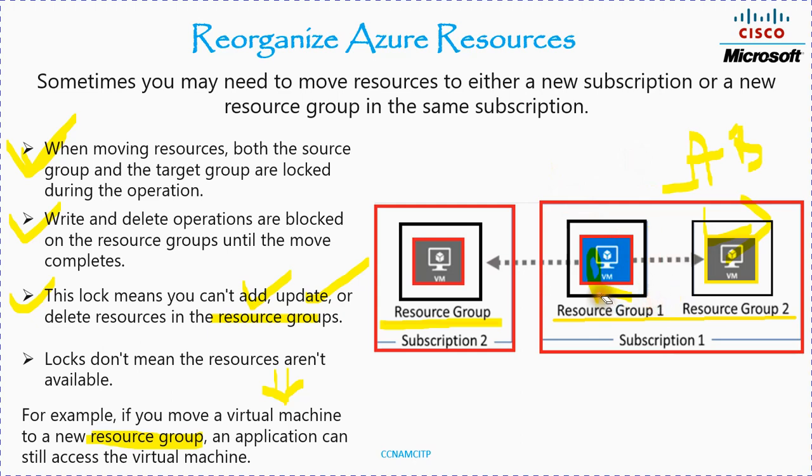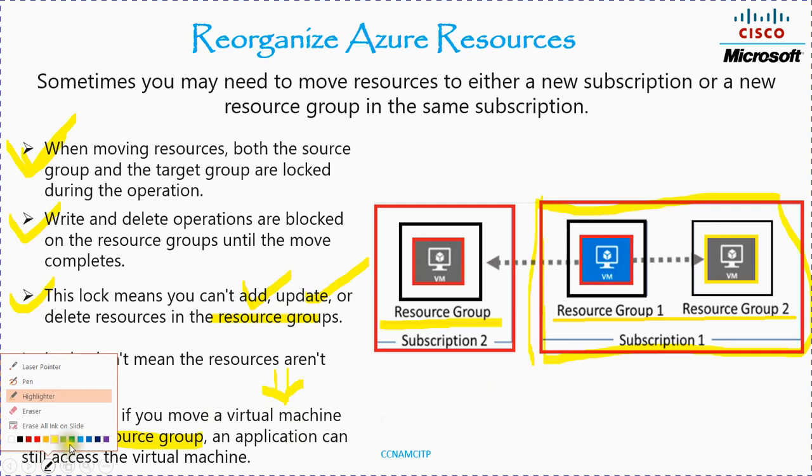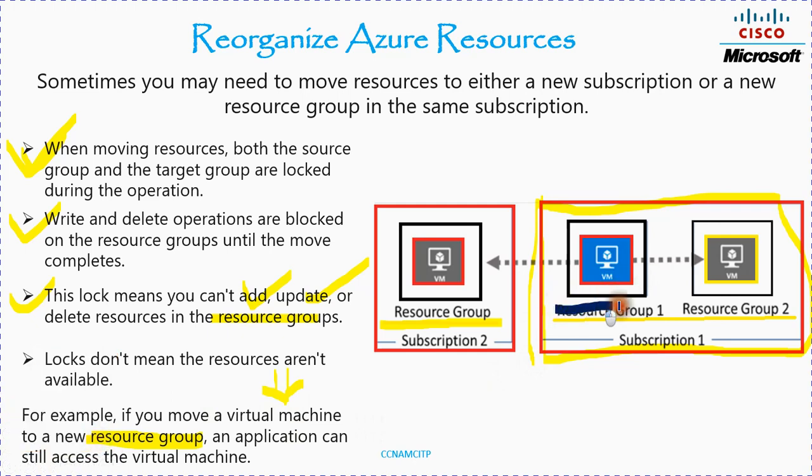Okay guys, you have a scenario where, let me take the highlighter once again, you have one subscription here, and inside this subscription you have two resource groups. One is this, and another one is here.